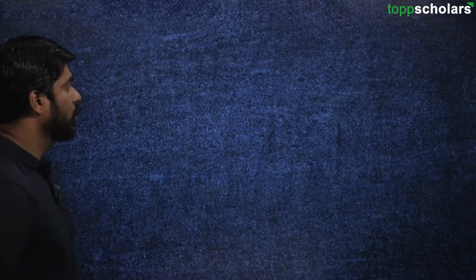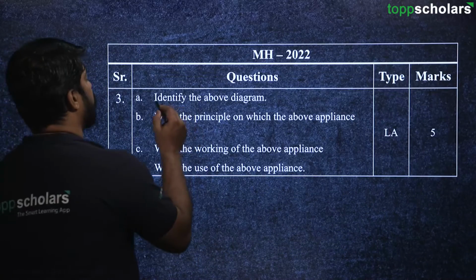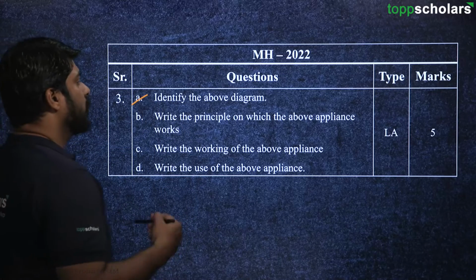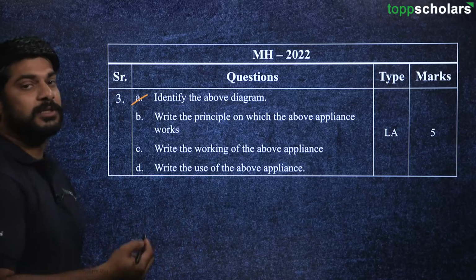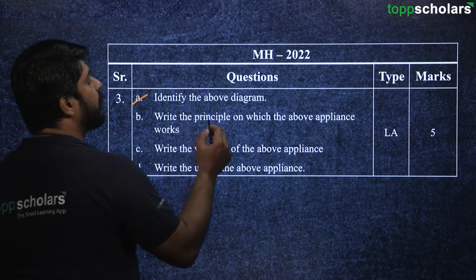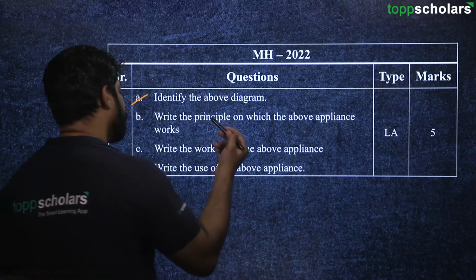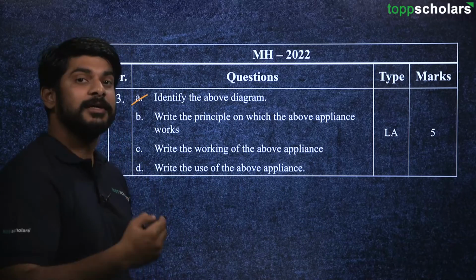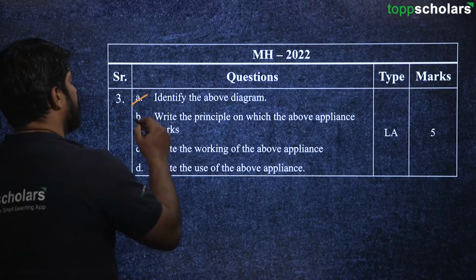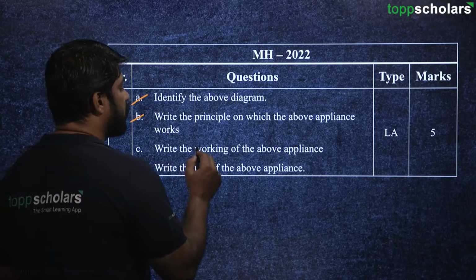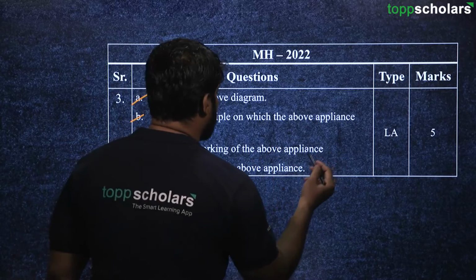Now, what are the questions? First of all, identify the above diagram. As we can see, it is a diagram of an AC generator. Then write the principle on which the above appliance works. As we know, it works on electromagnetic induction. Then next is write the working of the above appliance.